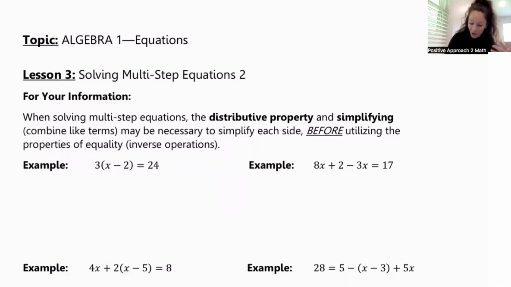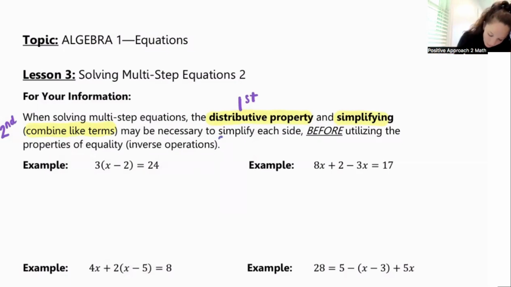You want to apply the distributive property first, and then you're going to want to simplify by combining like terms, okay? Basically, we want to simplify the left-hand side as best we can, and simplify the right-hand side the best we can, okay?